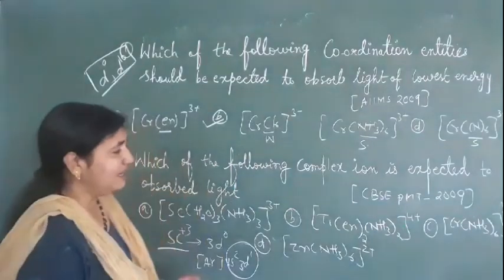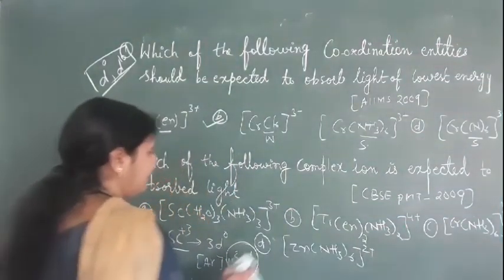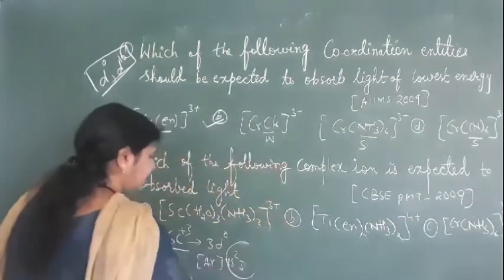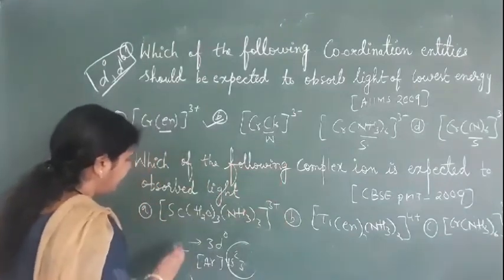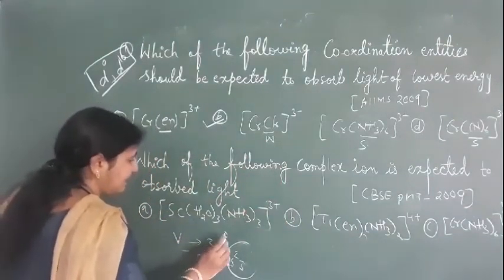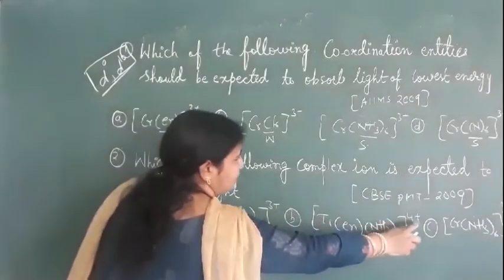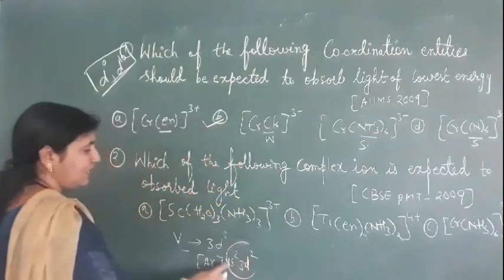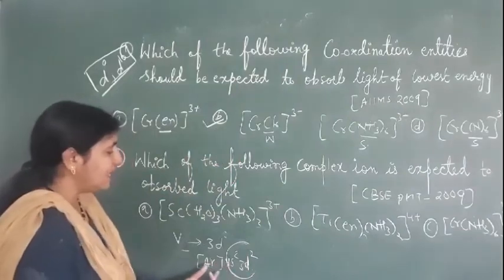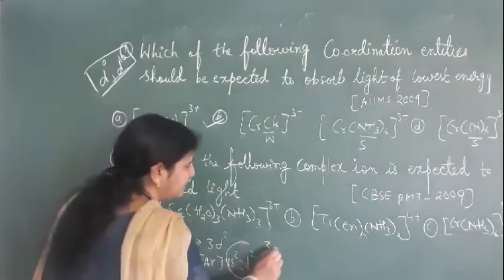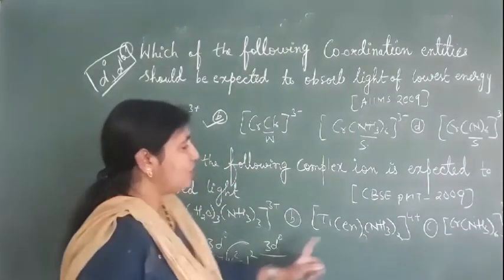Titanium is 22, with 4s2 3d2. With a plus 4 oxidation state, all 4 electrons will be gone, so 3d will be 0 here. So they will not absorb light.